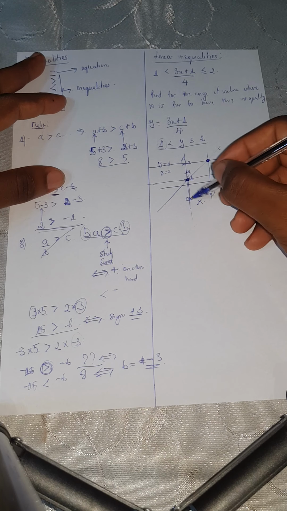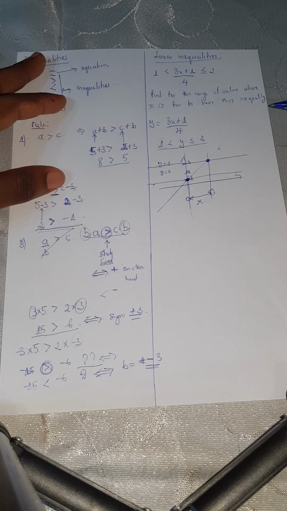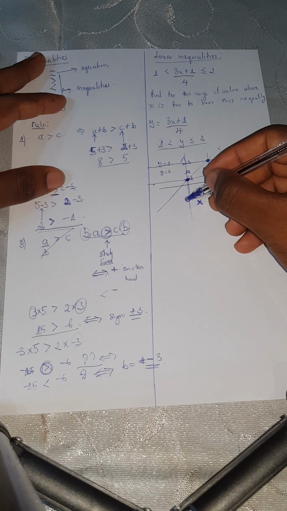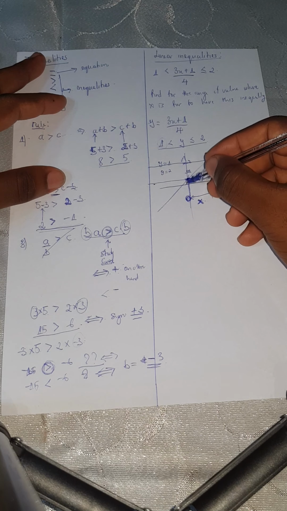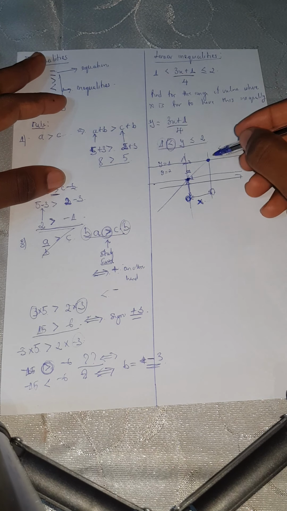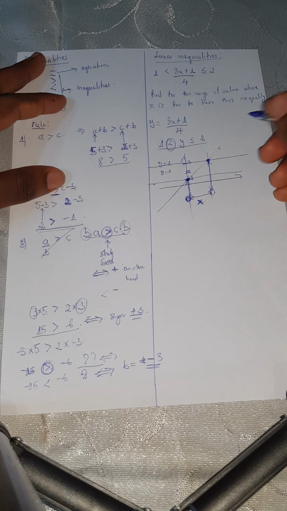The interval of x that exists between the two regions of y is what you are asked to calculate, excluding the x which gives y equals 1 because they just say less than, and including the x which produces y equals 2.